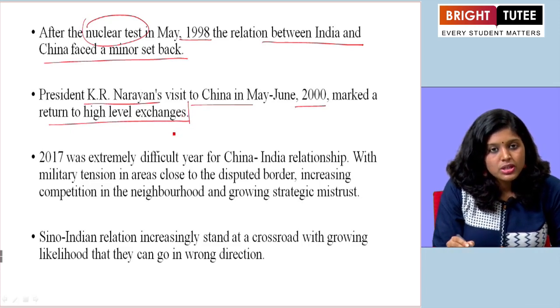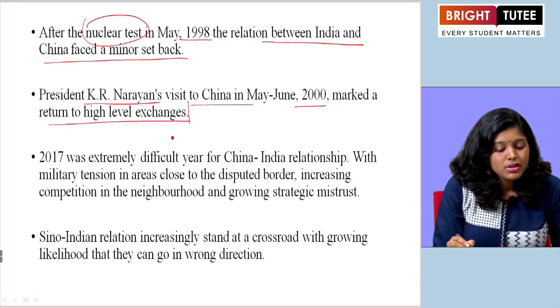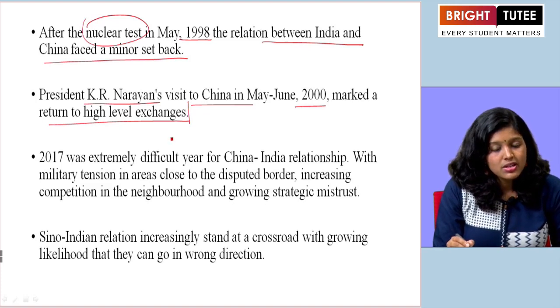So, whatever troubles had set in after the nuclear test in 1998 were to a large extent solved when President K.R. Narayanan visited China in 2000.